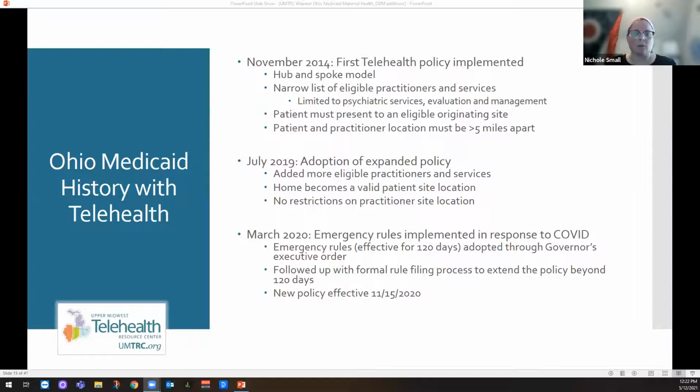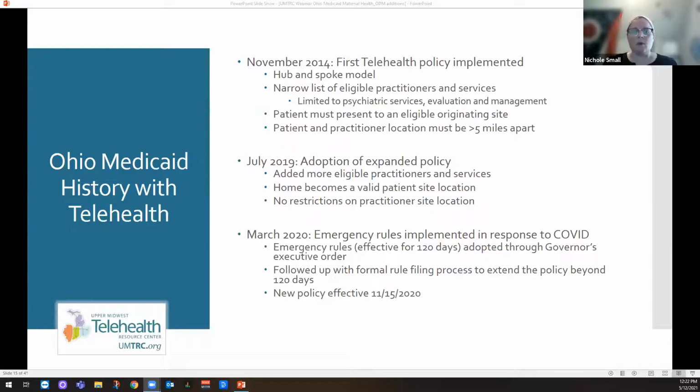We filed several emergency rules just because things were evolving and we were working to make sure that there was no gap in the covered telehealth services. There's probably four emergency rules we did. And then we followed it up with our formal rule filing process.